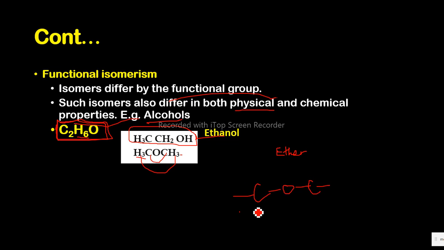When you are naming it, it's a methyl and a methyl. So this one becomes methyl ether, or to avoid that confusion, you can name it as dimethyl ether. So it is as simple as that.